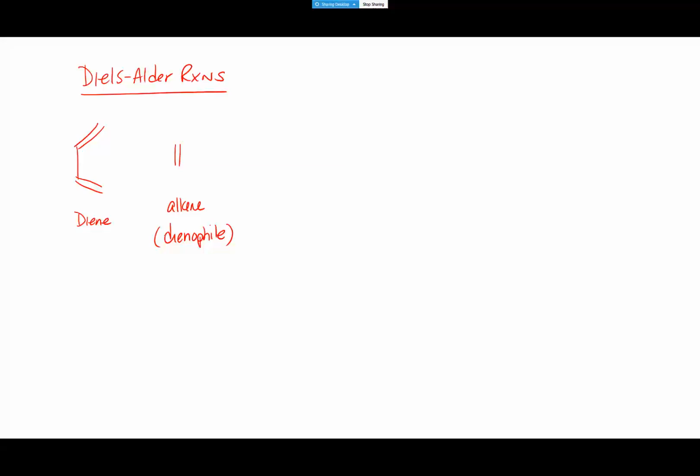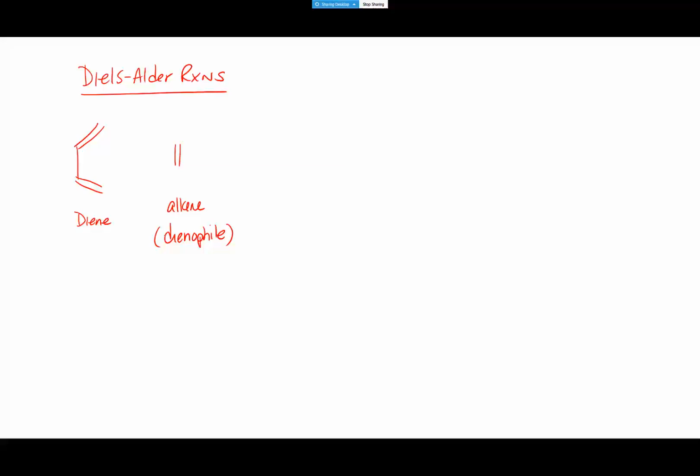We'll learn more about electron donating and withdrawing groups next week with benzene rings. So right now we don't really know what those are. I haven't formally defined them, and I'm not going to at the moment. So in your Diels-Alder reaction, you're going to make a ring and 2 carbon-carbon bonds.